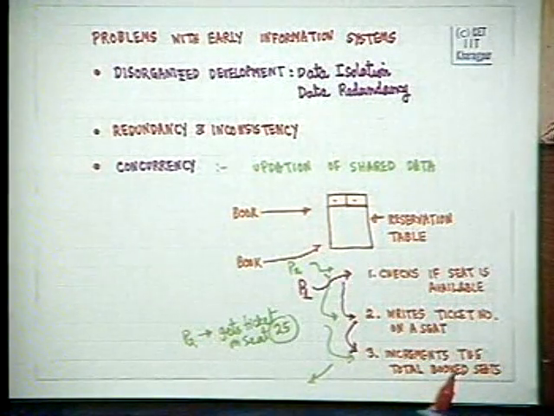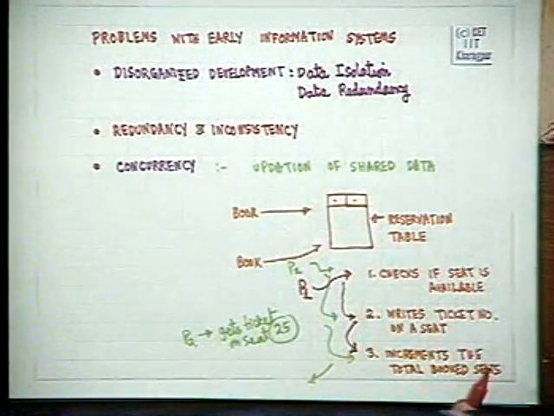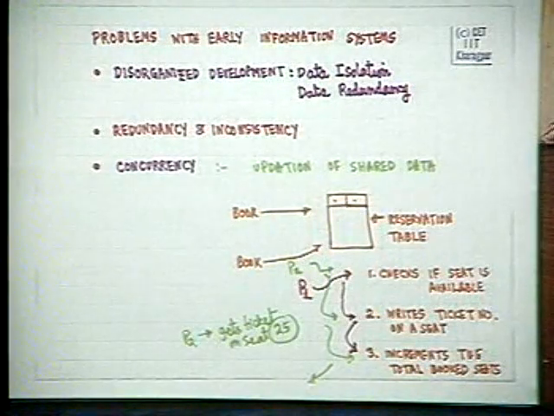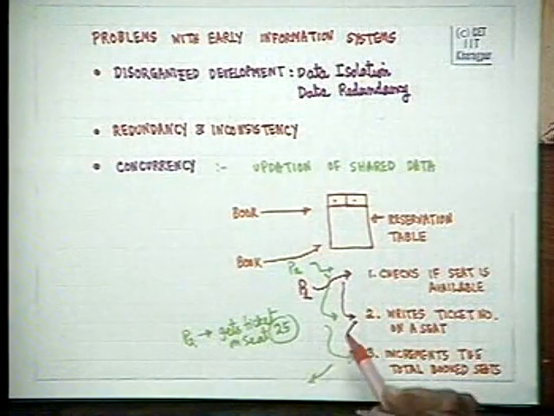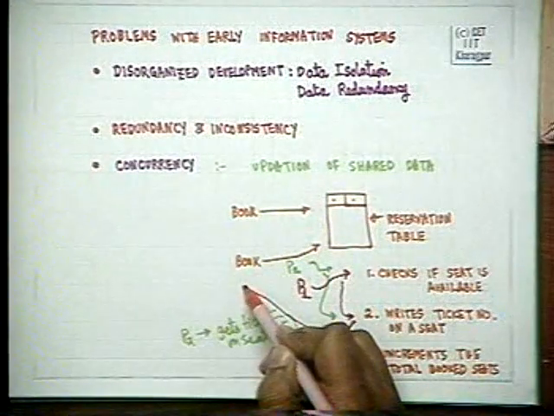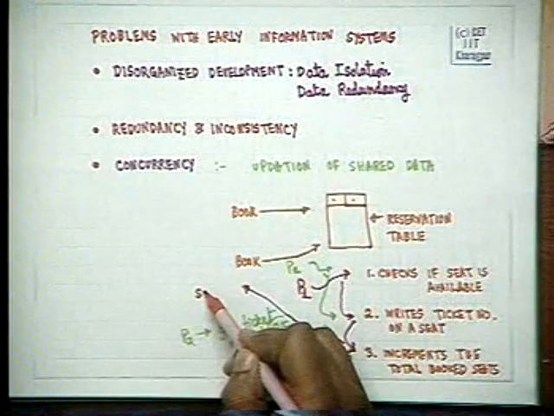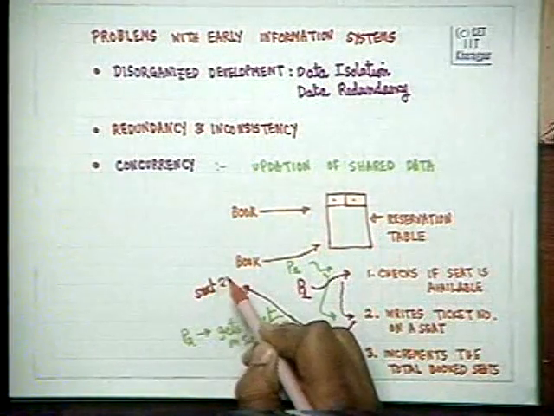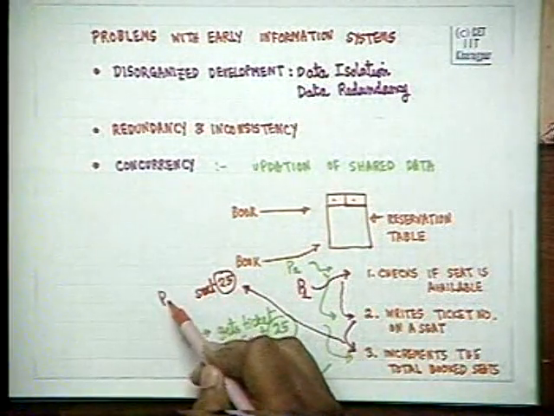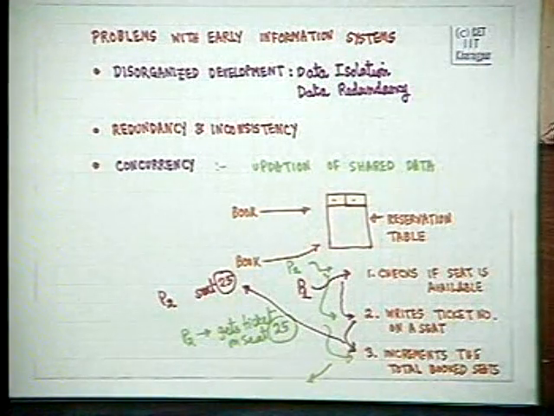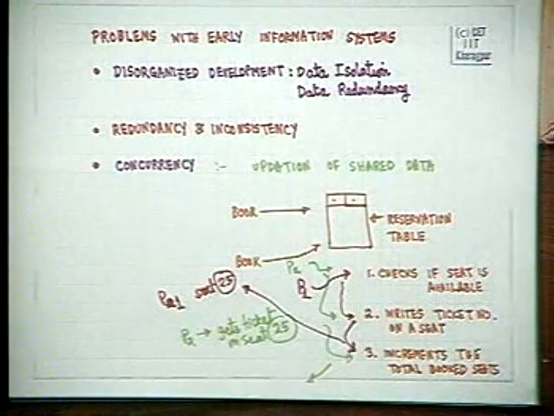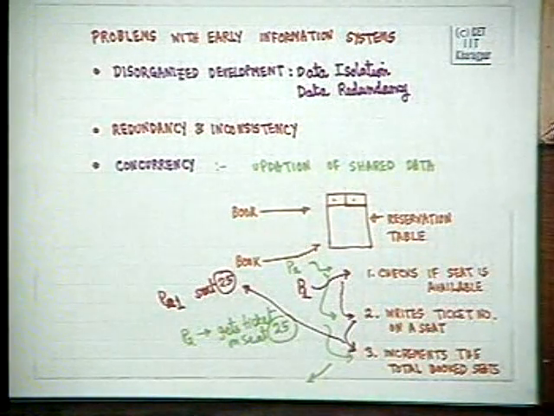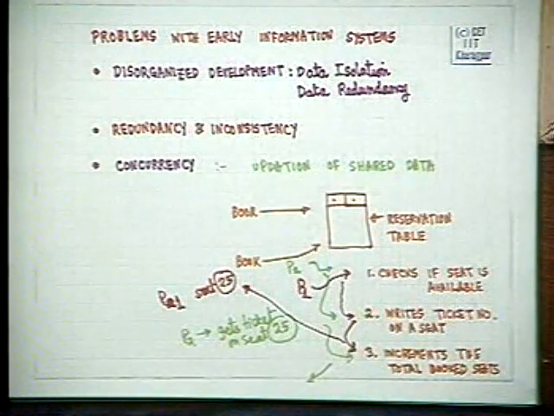If the number of seats booked is now more than total, it may make it more than total, it may not make it more than total, but it may get a ticket with the same seat number. P1 may get it with the same seat number, and you've got two tickets with the same seat number.